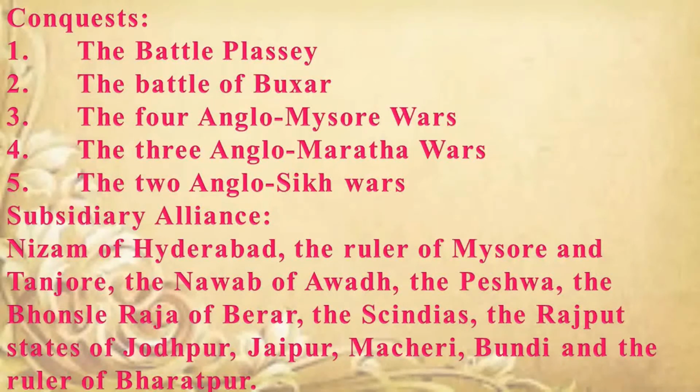Subsidiary Alliance: Nizam of Hyderabad, the ruler of Mysore and Tanjore, the Nawab of Awadh, the Peshwa, the Bhonsle Raja of Berar, the Sindhias, the Rajput states of Jodhpur, Jaipur, Macheri, Bundi, and the ruler of Bharatpur.